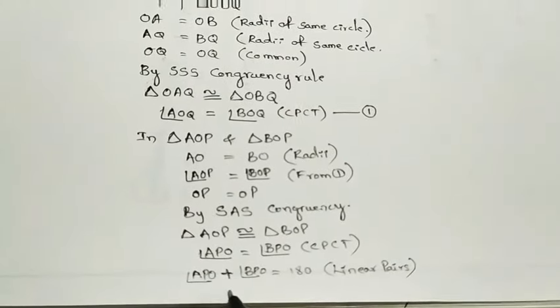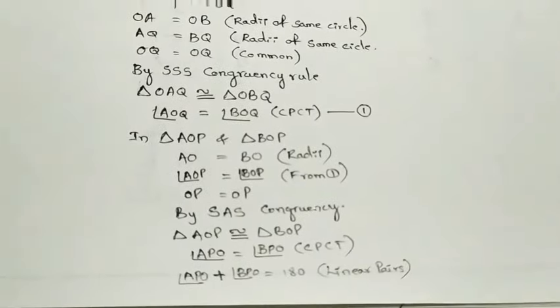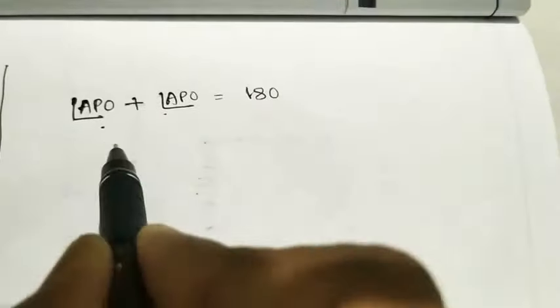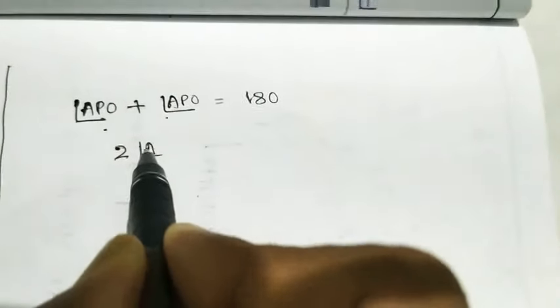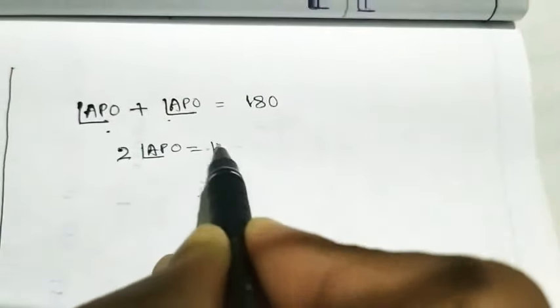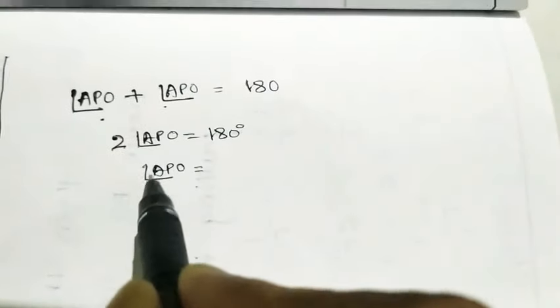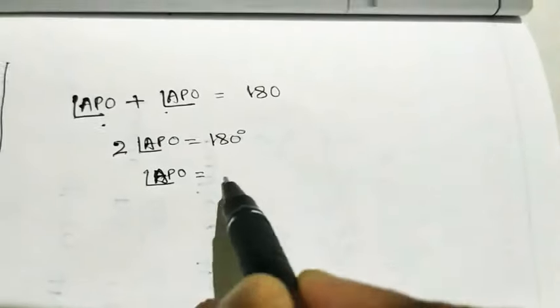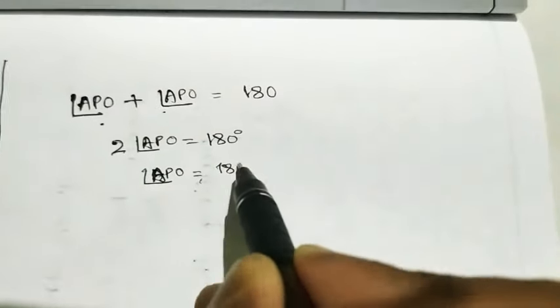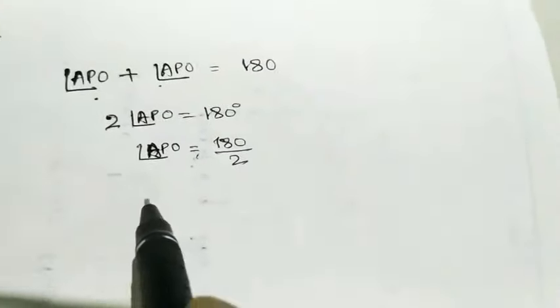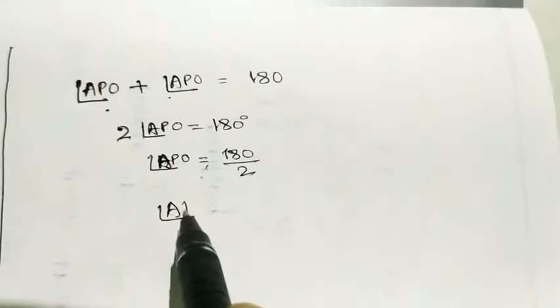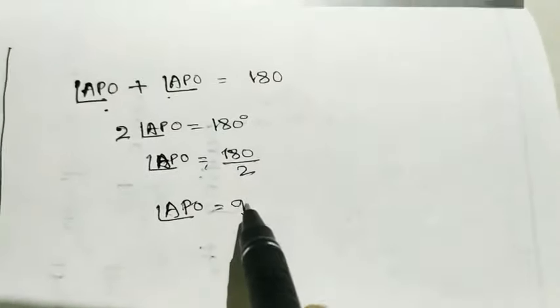Then each angle will be how much you will get. So here I will write APO plus APO. In place of BPO I will write APO, because APO equal to BPO. So it will be 2 APO equal to 180 degrees, and APO equal to 180 divided by 2. So that is APO equal to 90 degrees.